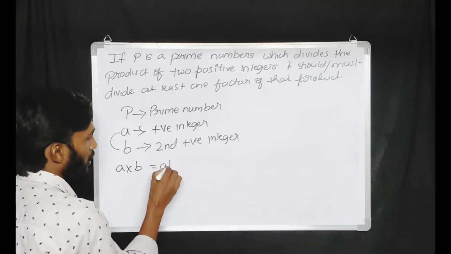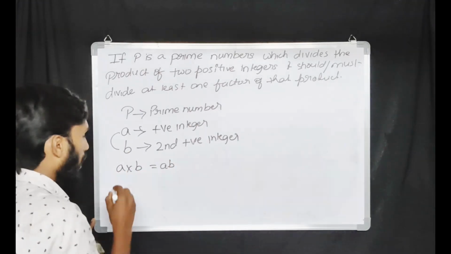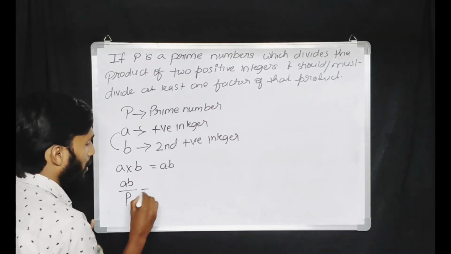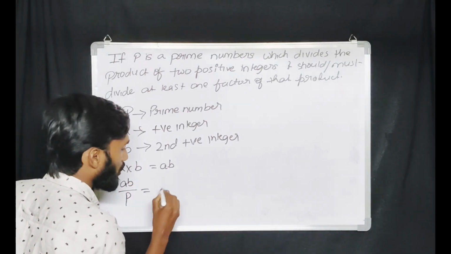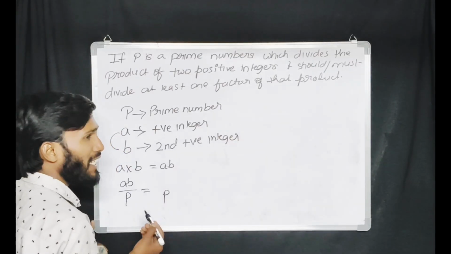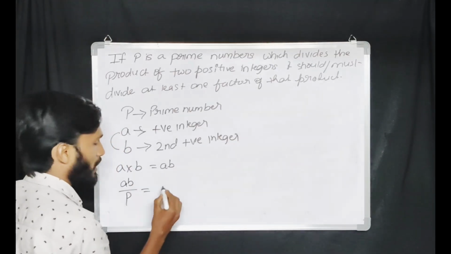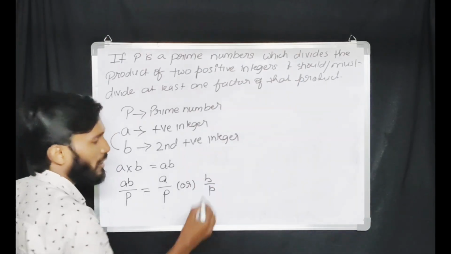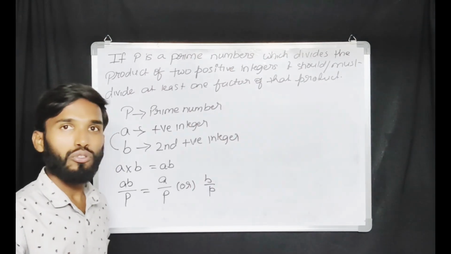A into B is equal to AB. If P divides AB, then it should divide any one of them, at least one factor. Whether it divides A or whether it divides B. This is what we have to prove.